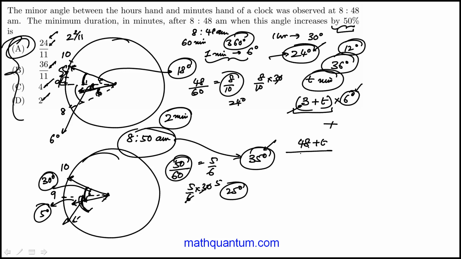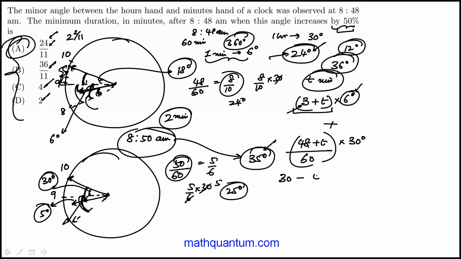So the fraction of an hour that this hour hand has moved is 48 plus t over 60. That means the angle that it has moved here would be that times 30. And then I have to subtract it from 30 to get this other angle, just like I did it for 8:50.